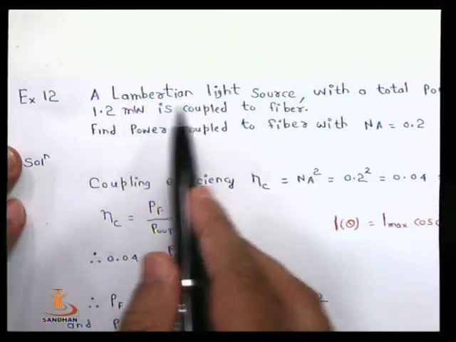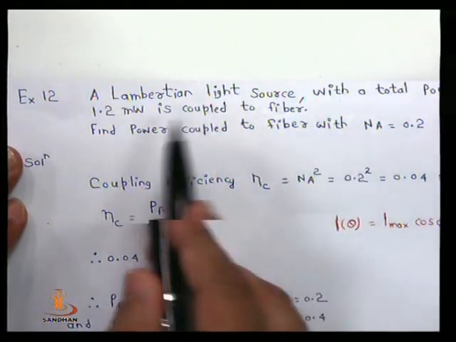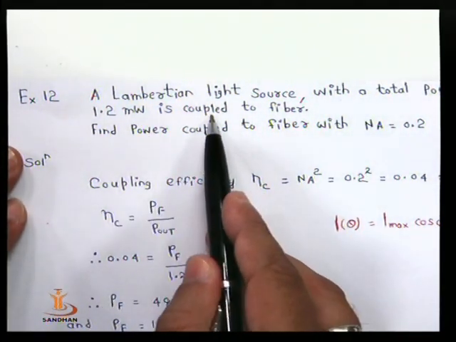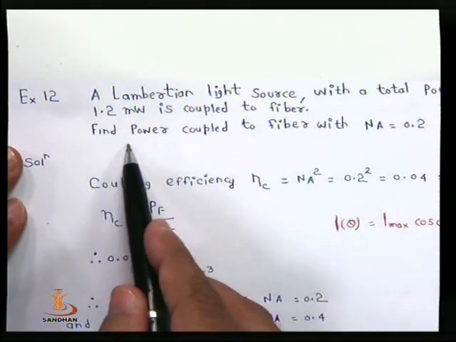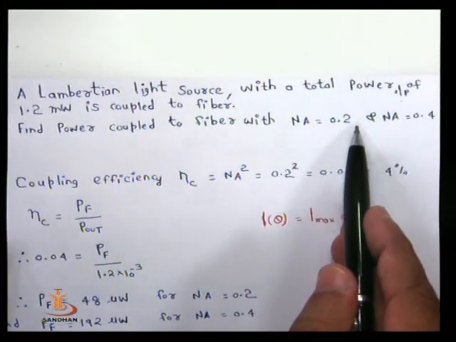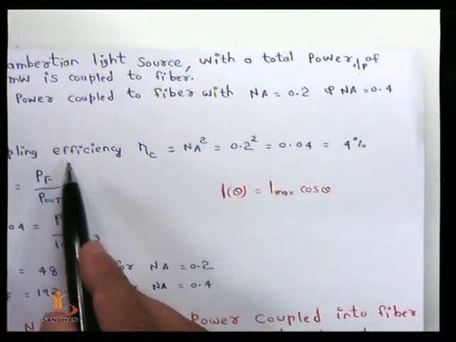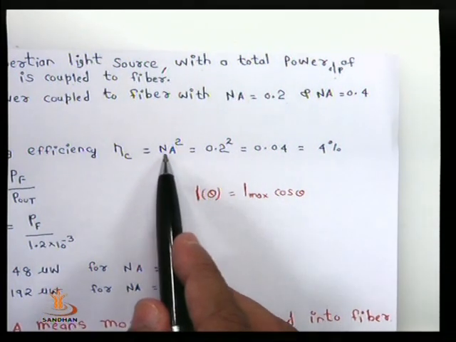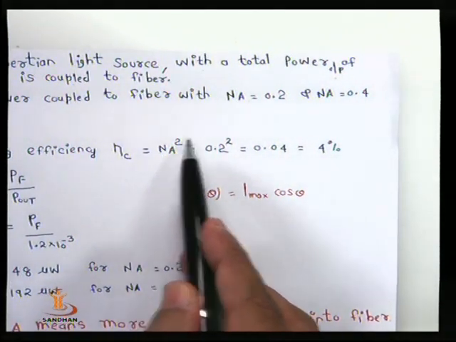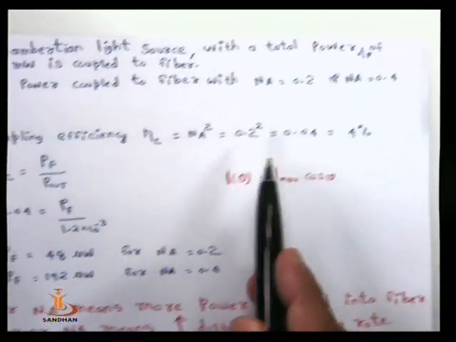A Lambertian light source with a total power output of 1.2 milliwatt is coupled to the fiber. Find the power coupled to the fiber with a numerical aperture equal to 0.2 and a numerical aperture equal to 0.4. Coupling efficiency is given by the numerical aperture squared. The numerical aperture is 0.2, so if you square it, you get 0.04.